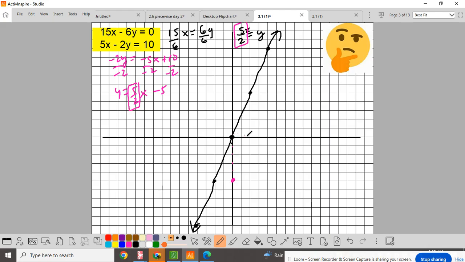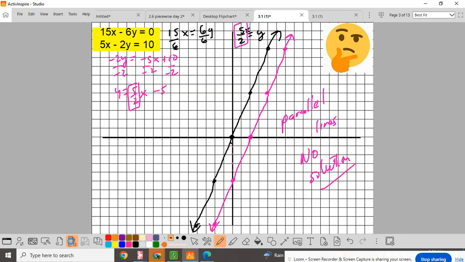Up 5, over 2, and so on. You can tell that the black and the pink line are parallel lines, so no solution because they don't intersect.